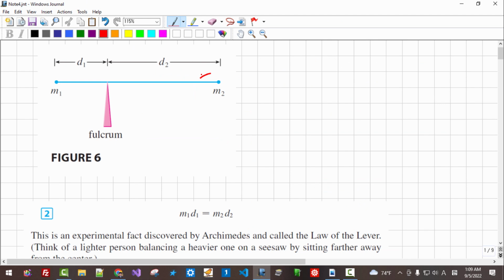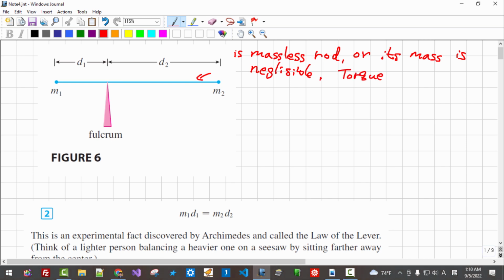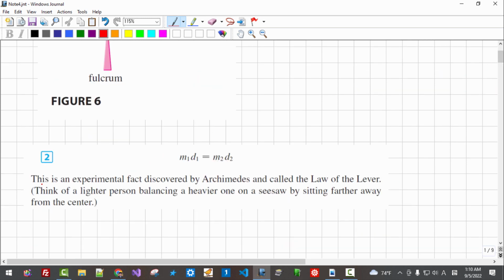This blue line is a massless rod, or we will assume its mass is negligible. I will not use the term torque or gravity. Instead, I will follow the explanation in the book.